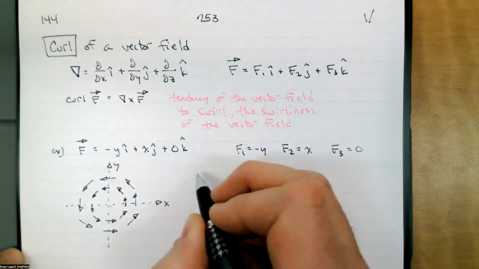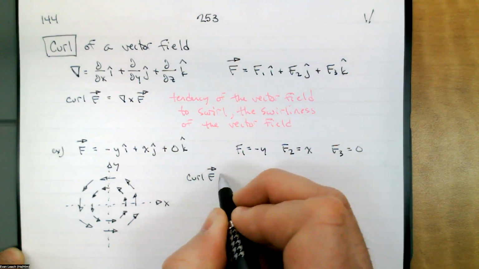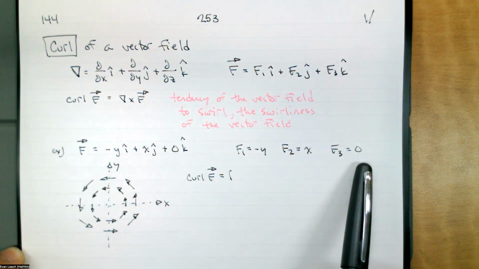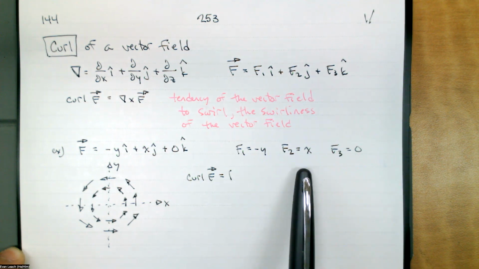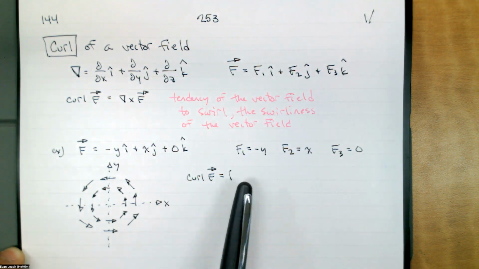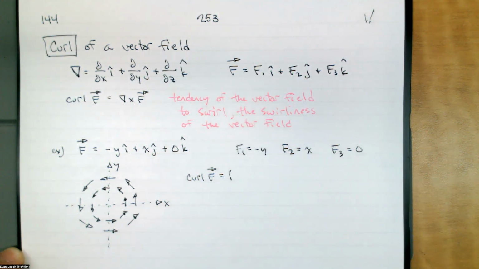So our curl of F, our i component is the partial of F3 with respect to y minus the partial of F2 with respect to z. Because remember, our i component is not going to have anything to do with F1, because that's in the same column as the i.